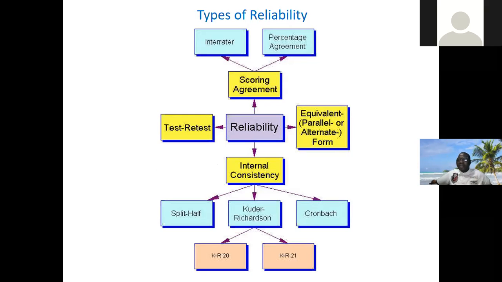people, you enter it in parallel, and you correlate it. Once the correlation is high, above 0.7 or 0.8, the high correlation means that, oh, it is reliable. And you say, okay, anyway, there's a table that shows scoring agreement.